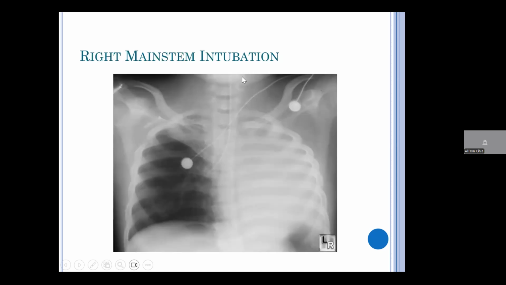As opposed to this patient whose ET tube comes down here and goes straight into their right main stem, essentially making this lung not active at this point. So this tube needs pulled back to about right here where it sits above the carina so that the ventilation that we're providing to the patient gets into both lungs and not just into the right lung.